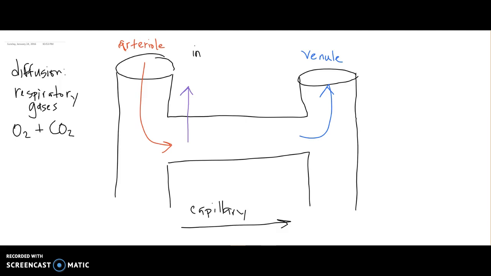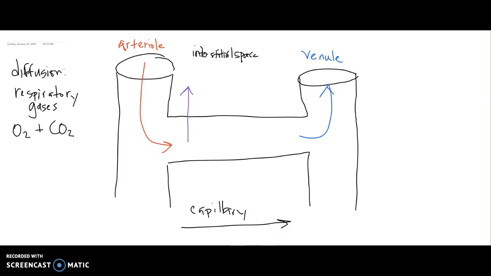This is the interstitial space, and this space is outside of the cardiovascular system, around all of the body cells. So we have a lot of exchanges that are happening here. This hydrostatic pressure allows for fluid with the things that are dissolved in it to move out of the capillary bed and into this interstitial space.